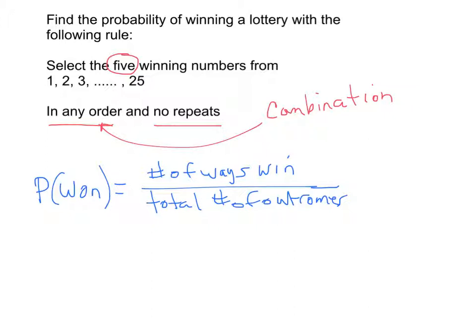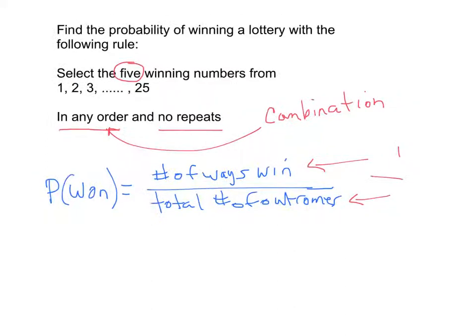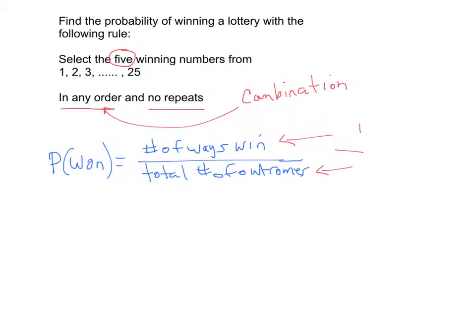So the first thing I want to do is figure that out, because I know how many ways you can win. You can only win one way, right? I mean, you have to have the winning ticket. So what I need to do is set up my combination formula, which says that I have a total number of values, and I'm going to choose them, so the number chosen, r, at a time.